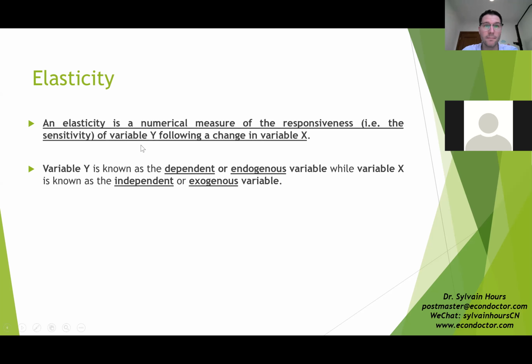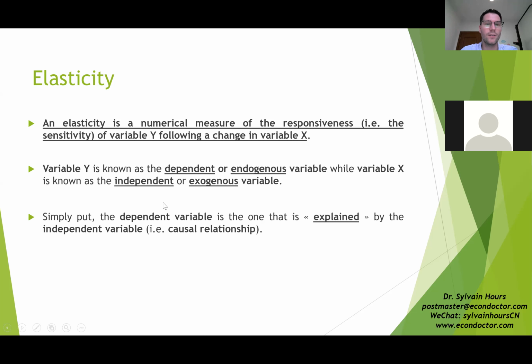Okay, that's essentially what we do when we calculate an elasticity. So yes, the dependent variable is explained by the independent variable. Okay, so for example, in the case of the PED, you have two variables, price and quantity demanded.